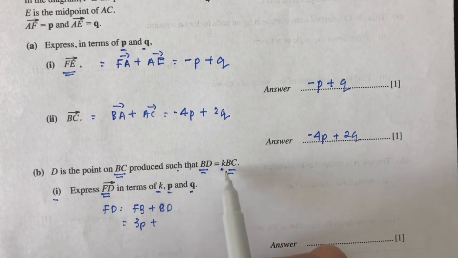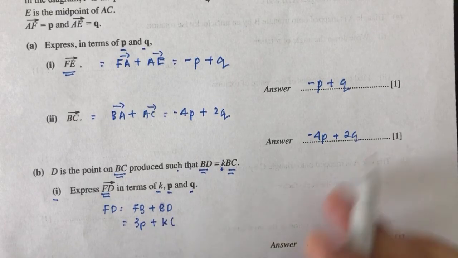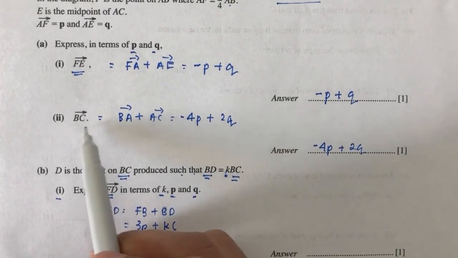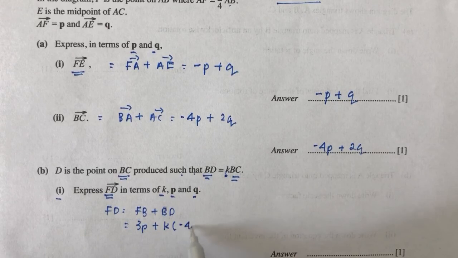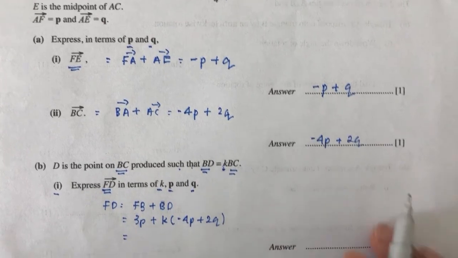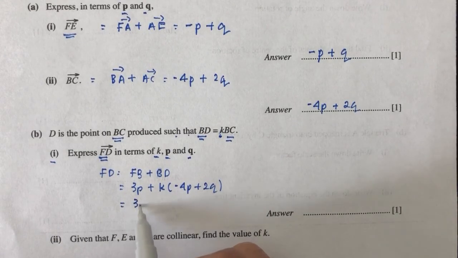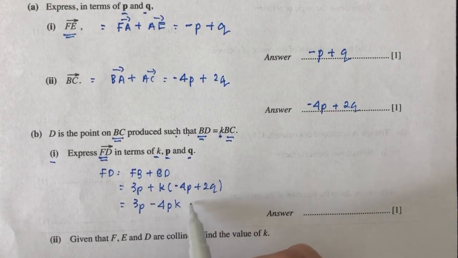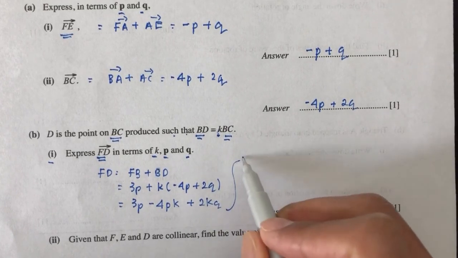BD by definition is K times BC. We know BC here is minus 4P plus 2Q. Now we expand the brackets. So we have 3P minus 4PK plus 2KQ.